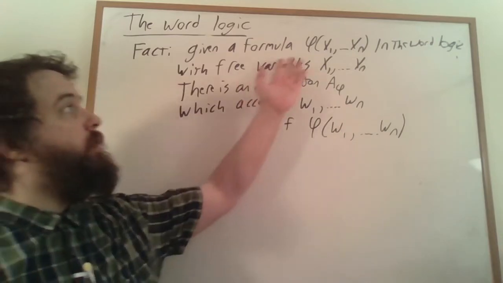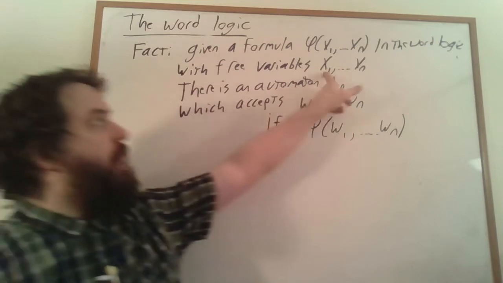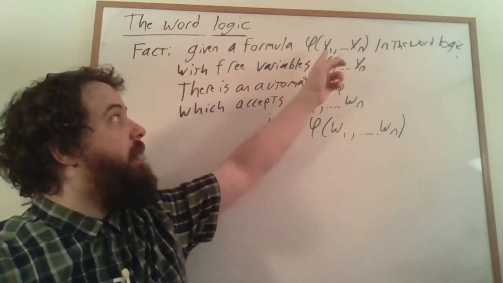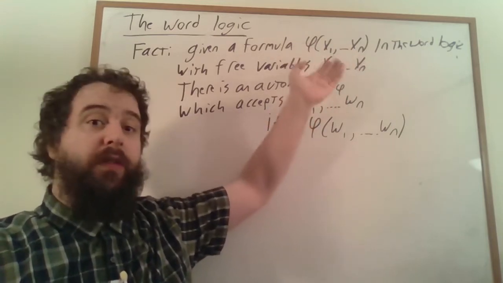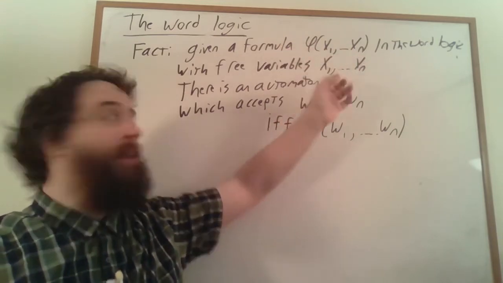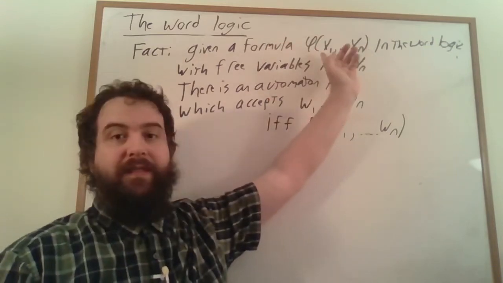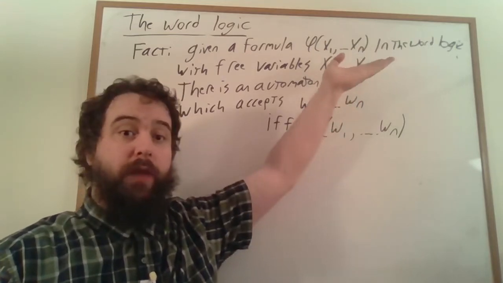Given a formula phi in the word logic with free variables x1 through xn, we notate that phi is saying something about x1 through xn, that x1 through xn are the free variables of the formula phi, by indicating that phi is a function of x1 through xn that outputs a Boolean.